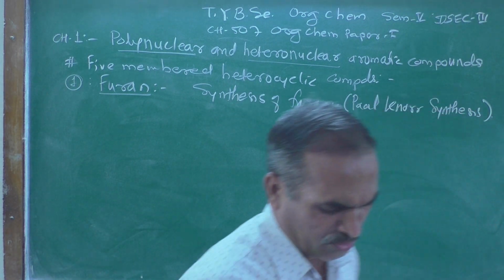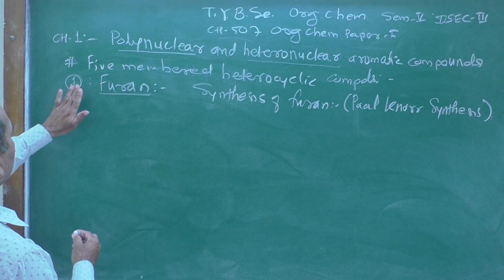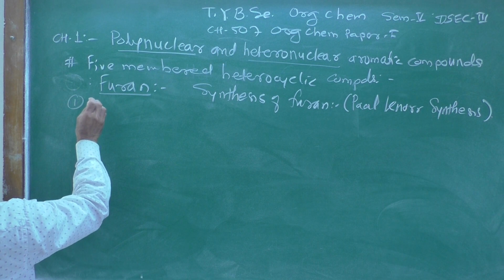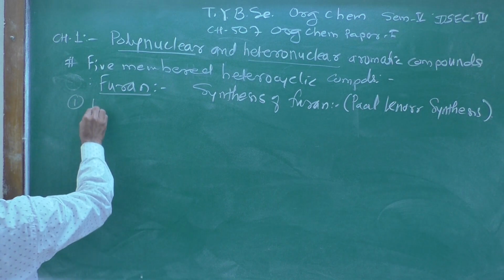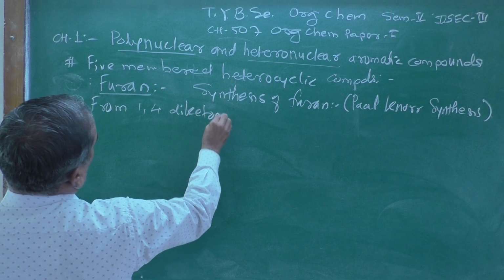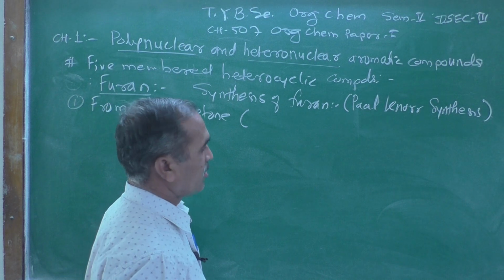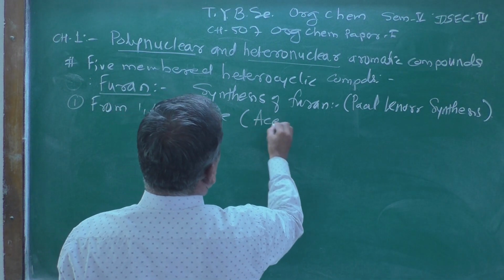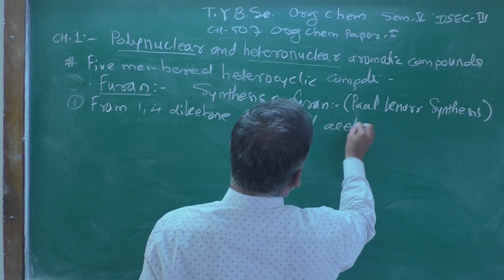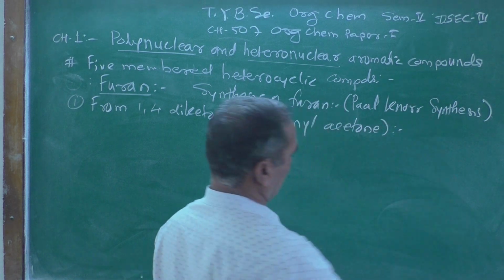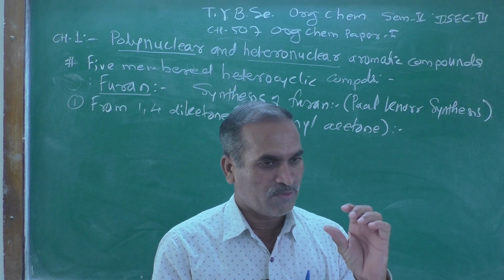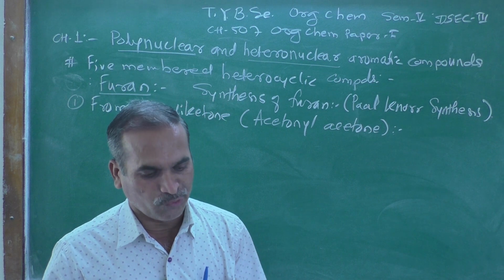First one, from 1,4-diketone. Furan will be prepared from a 1,4-diketone, which is also known as acetonyl acetone, the starting material he used for the synthesis of furan.